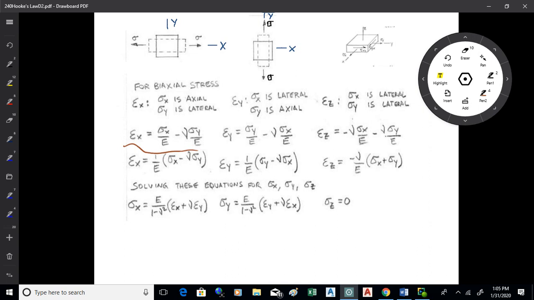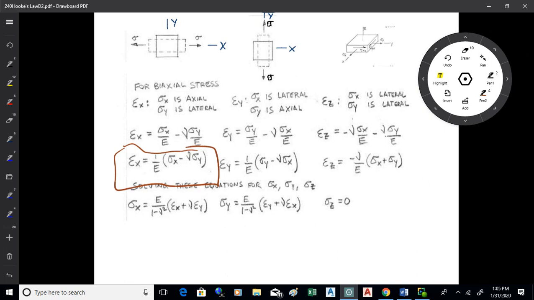So what you would do would be to take minus sigma y over E, but then you multiply that by nu. That accounts for the fact that the y direction is lateral to the x. Okay. Then you can pull out a term of 1 over E and factor that out, and what you get then is the strain in the x direction, epsilon x, is 1 over E times sigma x minus nu sigma y. So the nu is in there again because y is lateral to x. It's not the primary cause of epsilon x, but it does affect it because it's lateral. Okay.